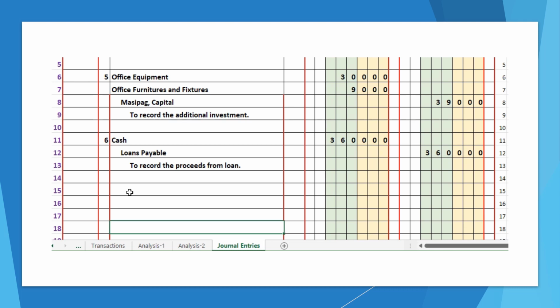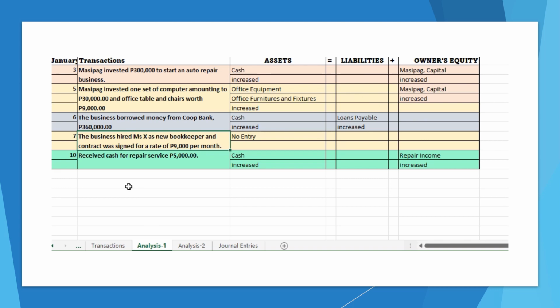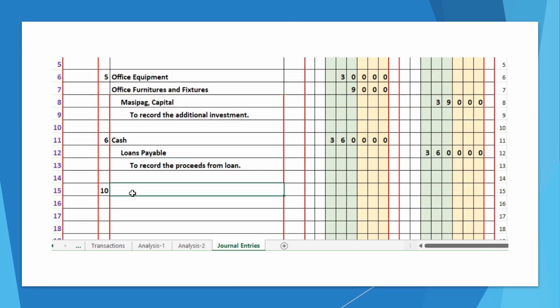So, let's go to January 10. Okay, what happened on January 10? Receive cash for repair service of 5,000. So, cash is debited. Cash for 5,000. Okay, and then this is an income.